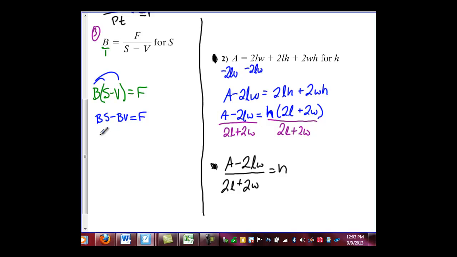So we're still trying to solve for s. What's the next step? We're going to add bv. So now we have bs equals f plus bv. Last step. Yes. Divide by b.